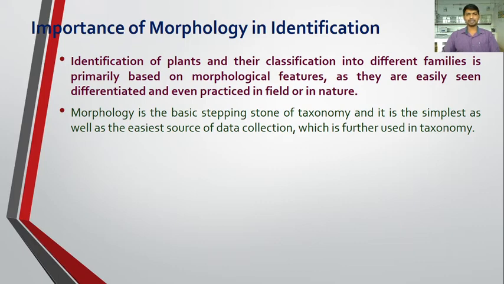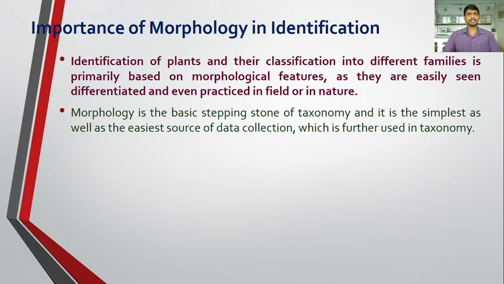So identification of the plant and their classification into different groups or families has been made on the basis of morphological features or characters, and these are the external characters, so they can be easily seen, differentiated and even practiced in the field or in nature.